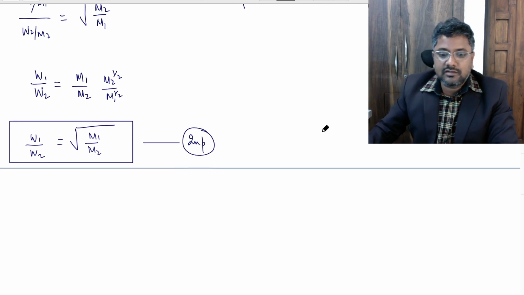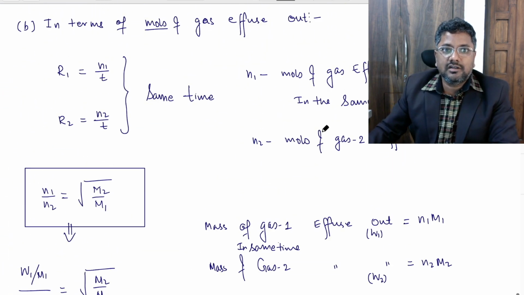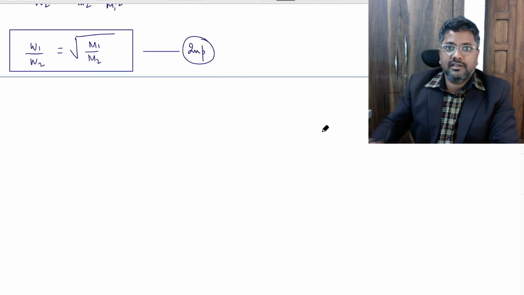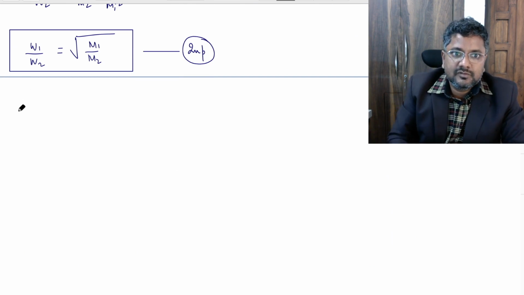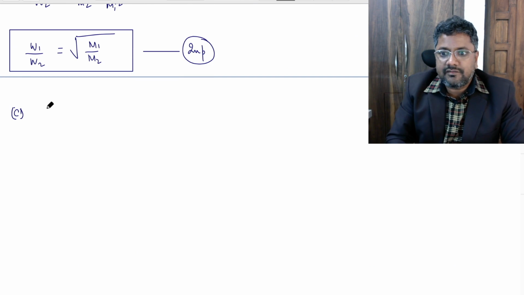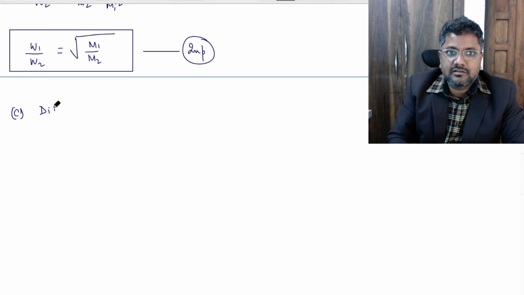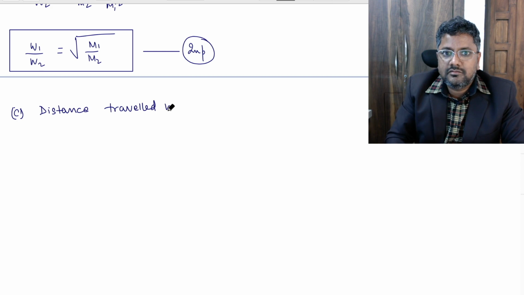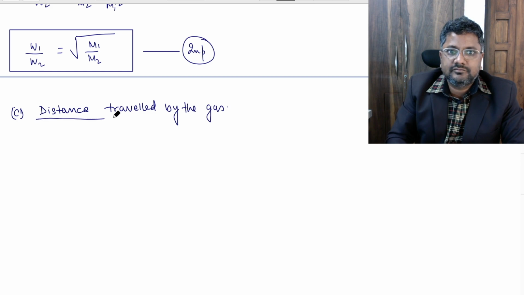So this is in terms of moles, in terms of volume of gas effused out, in terms of mass of gas effused out. Now the third, part C, is the distance traveled by the gas, right?